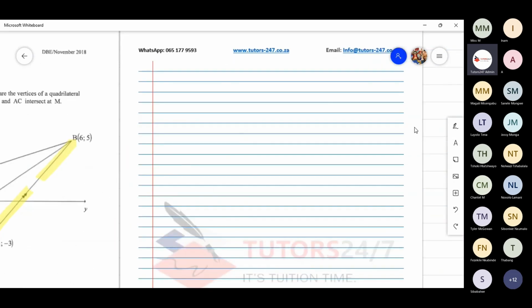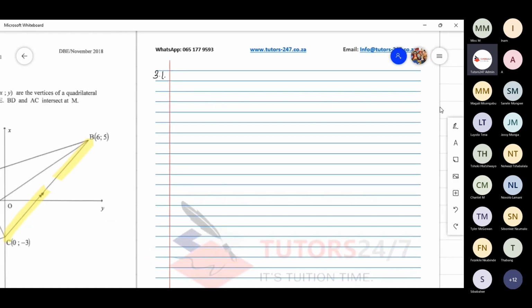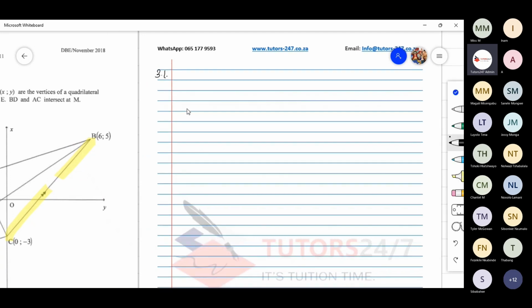So our first question is 3.1. We need to calculate the gradient of BC. As you can see to the left of your screen, you've got BC. So our gradient formula is y2 minus y1 over x2 minus x1.